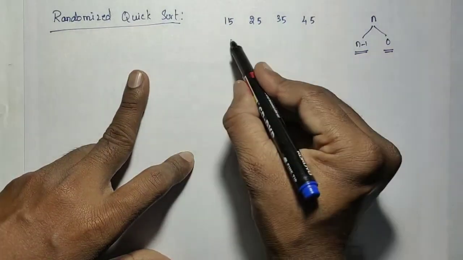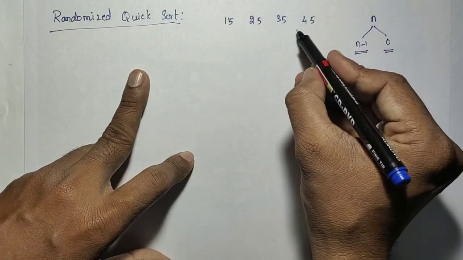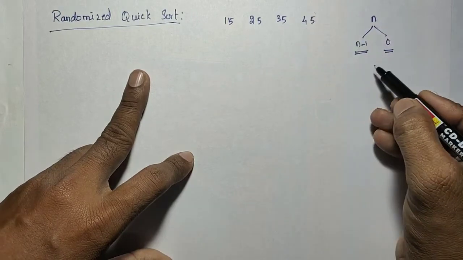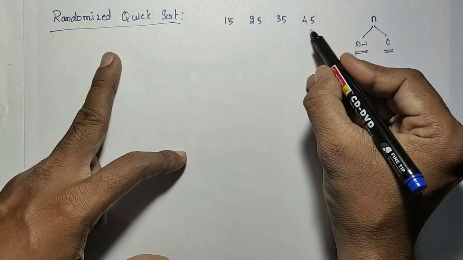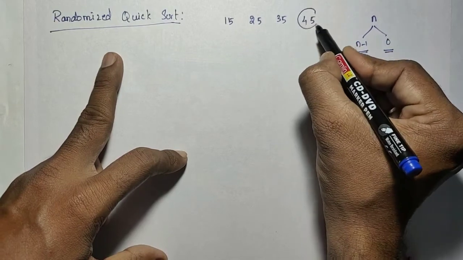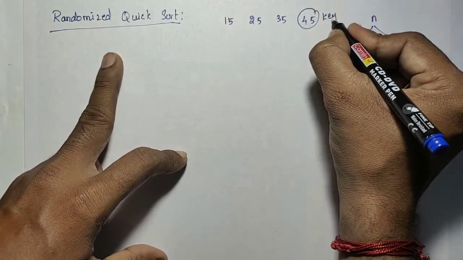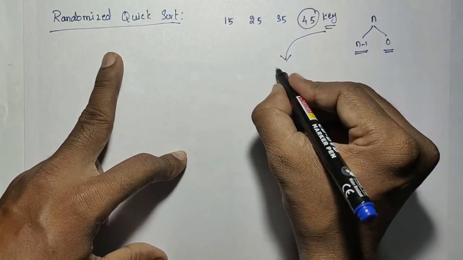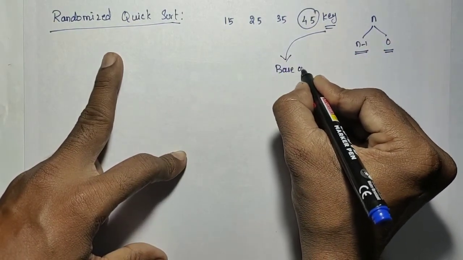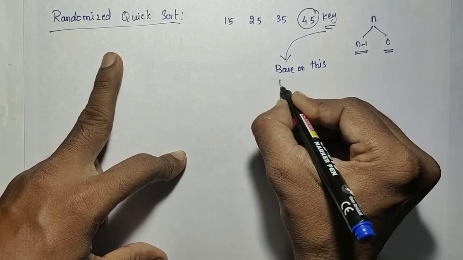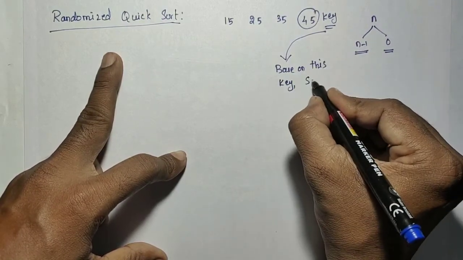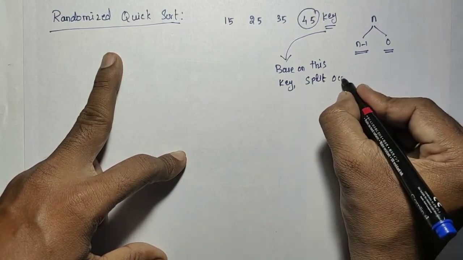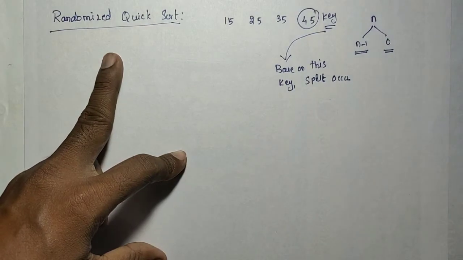This is because the partition algorithm chooses the key element as the last element. In the partition algorithm, the last element is chosen as the key, and based on the key, the split occurs.